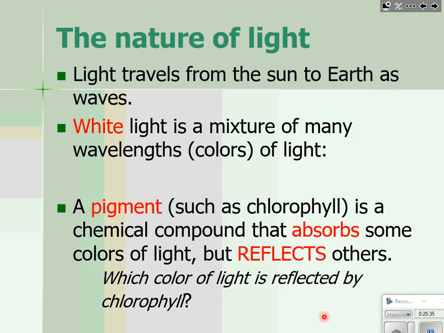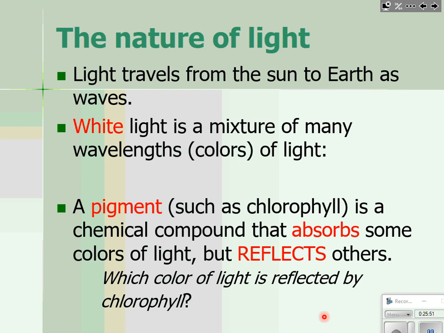All right, so the way pigments work, chlorophyll is a pigment, and the way all pigments work is a pigment is a chemical compound that absorbs some colors of light and reflects others.